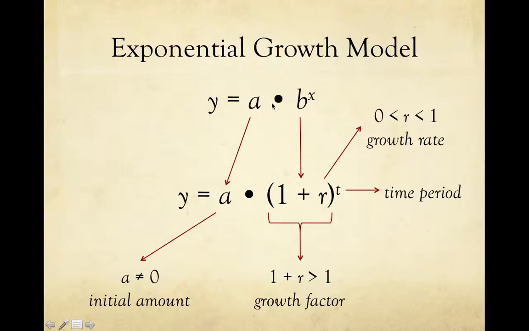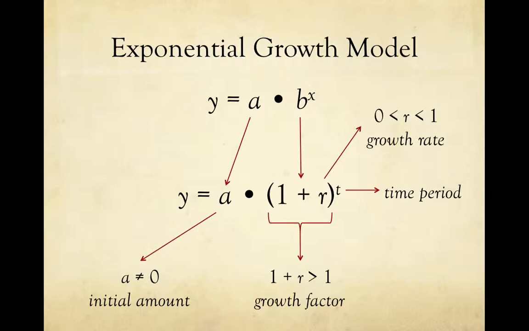Now, both of these forms of the model have their place. This form is probably more often used because it is more likely that an exponential growth problem will tell you that the growth is happening by some percentage rate. You have 5% growth or you have 20% growth.